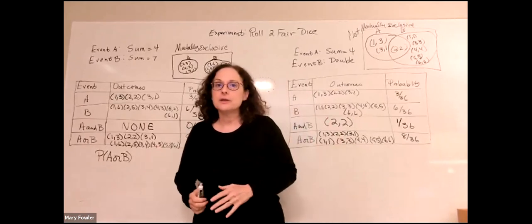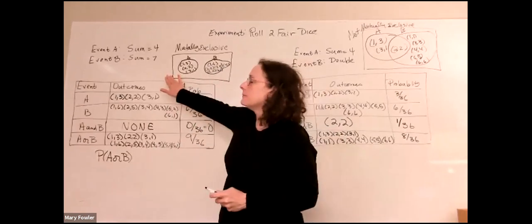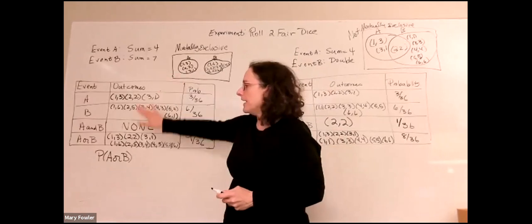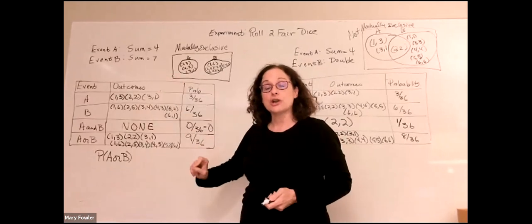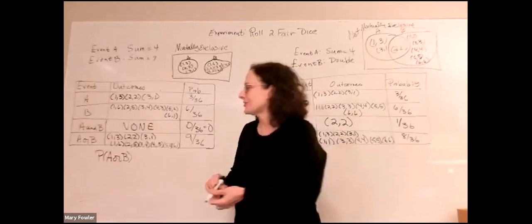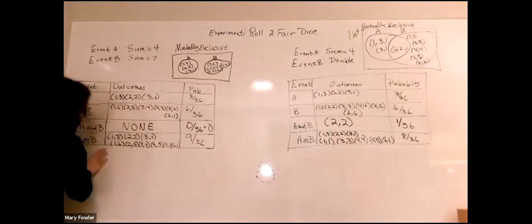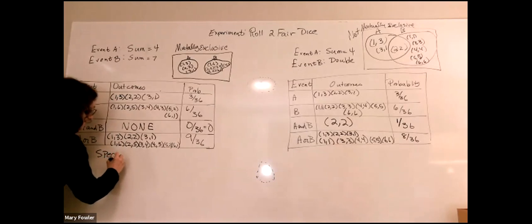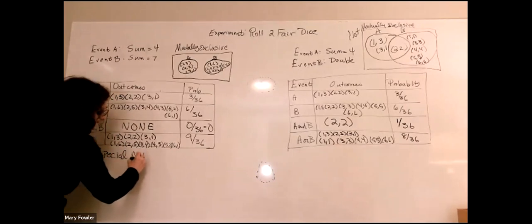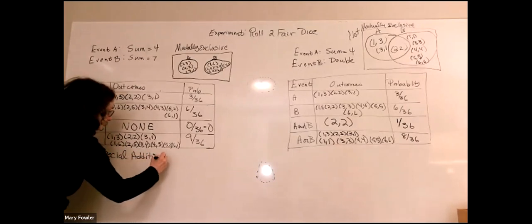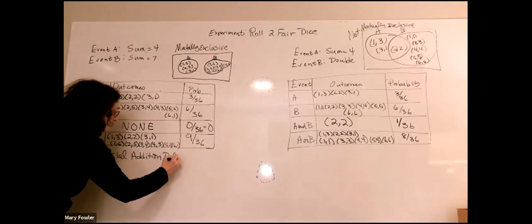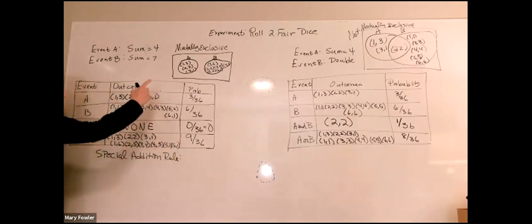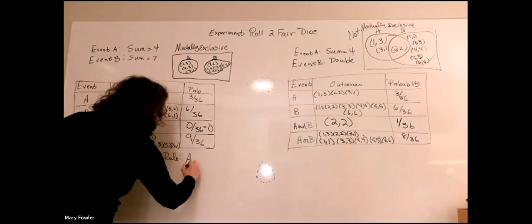One of them is for situations where A and B are mutually exclusive. Then we're going to use the special addition rule. So let me write that out. The special addition rule is for the case when A and B are mutually exclusive.